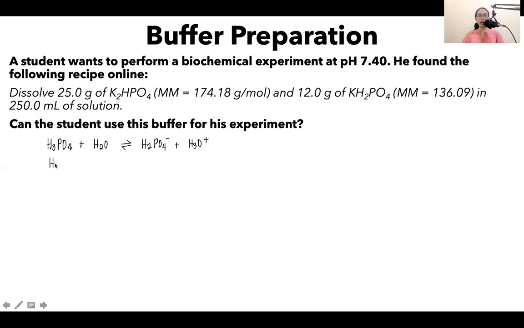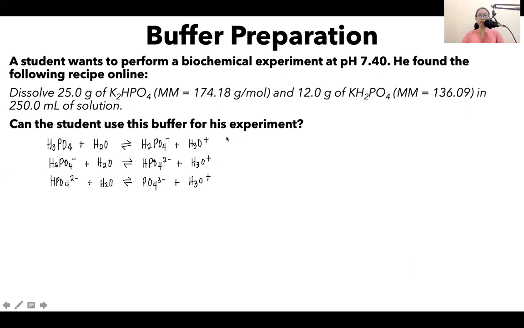Next, your dihydrogen phosphate also dissociates, and this forms hydrogen phosphate and of course hydronium ion. And lastly, your hydrogen phosphate dissociates, forming phosphate plus hydronium ion.